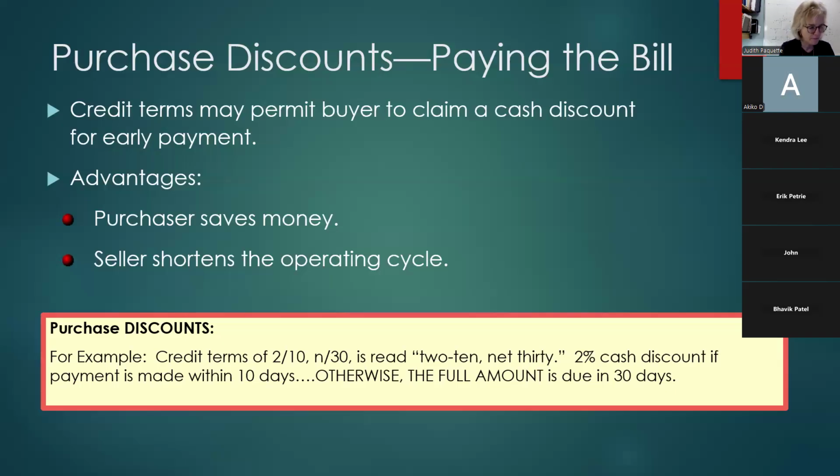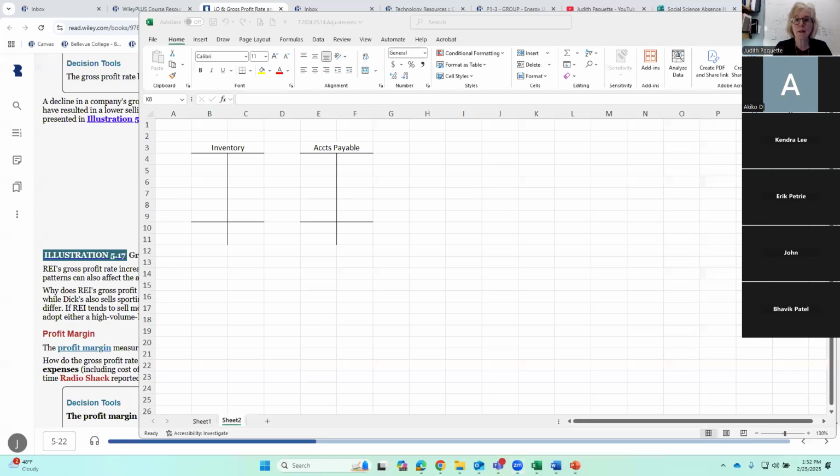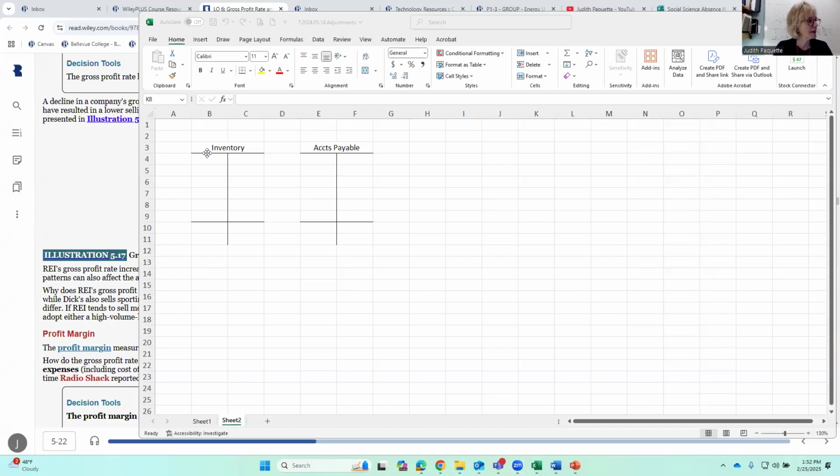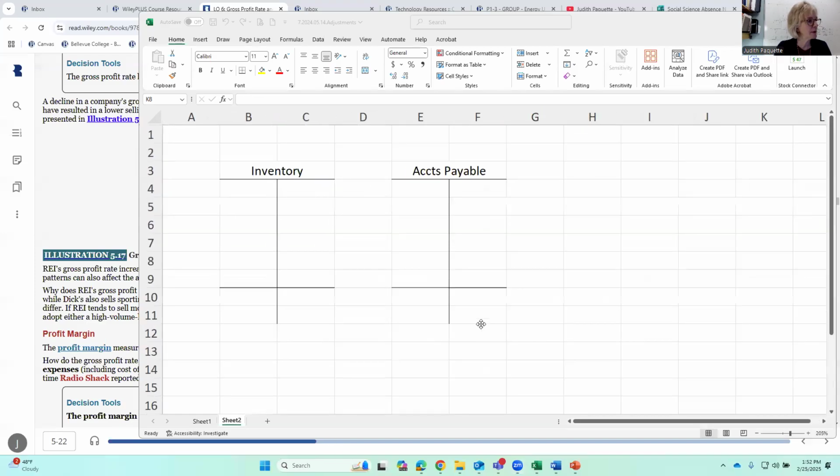One's going to be inventory, and one's going to be accounts payable. All right, so let's share that screen with you. I'm sharing my Excel screen now. Hopefully you guys can see it. I've got inventory and I've got accounts payable.